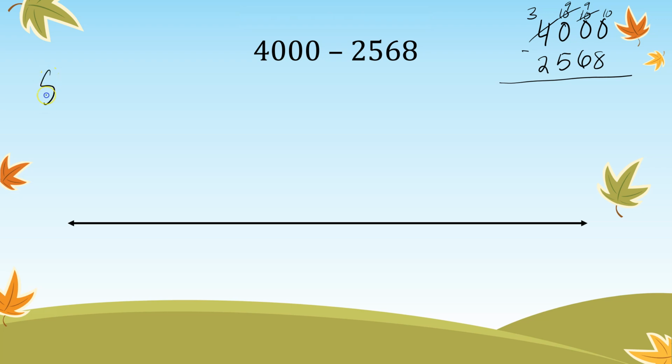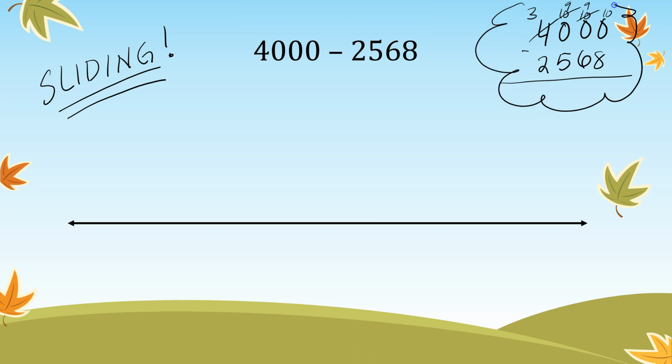How can we use the sliding method to make our life easier here? Okay. What's the problem with regrouping? Because there's a bunch of zeros, you have to regroup like 3 different times.